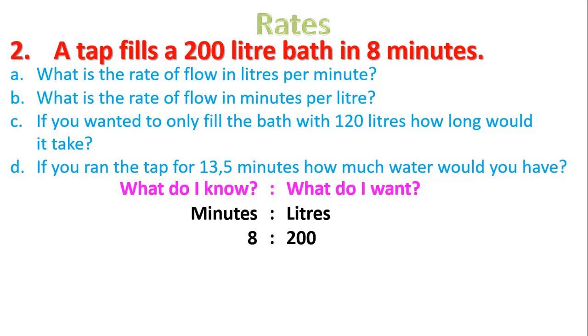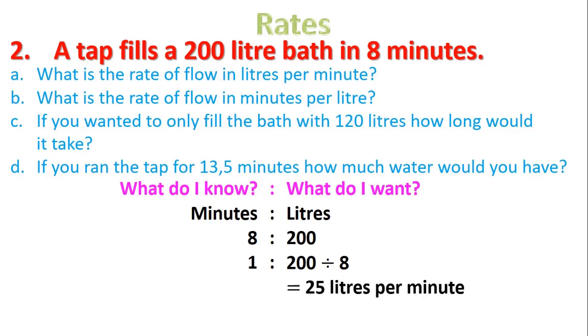So for 1 minute. If 8 minutes gives me 200 liters, 1 minute will give me 200 divided by 8. Now we put that in our calculator, we press equals, and we get 25 liters per minute. And that's A.